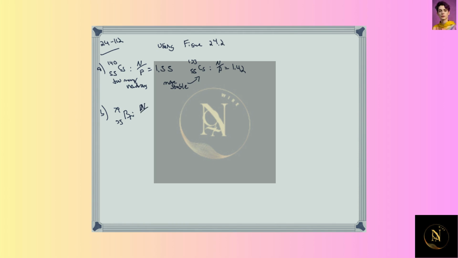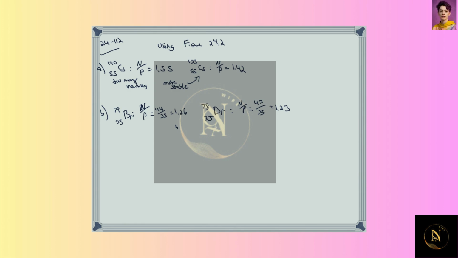Then for the next one, we've got bromine-79, which has a neutron to proton ratio of 1.26. And then we've got bromine-78, which has a neutron to proton ratio of about 1.23. So the neutron to proton ratio is not as helpful for bromine in this case, because they are very close to each other.